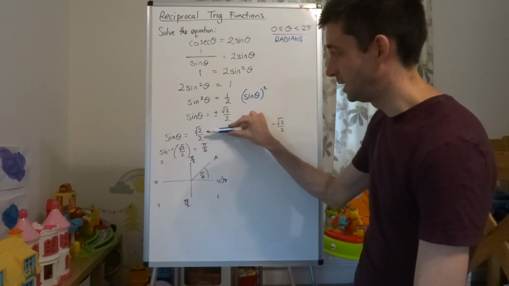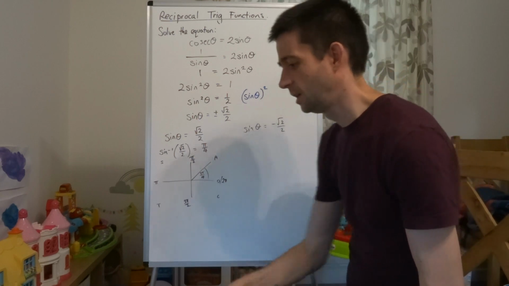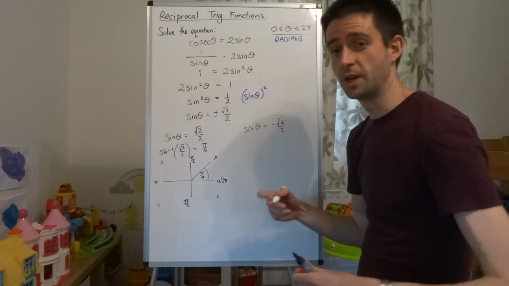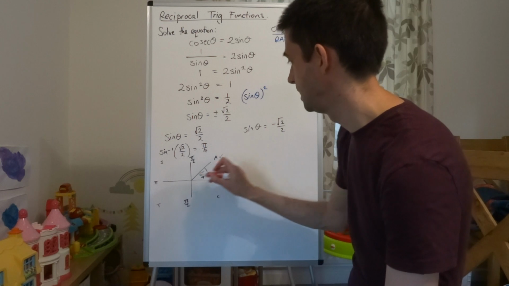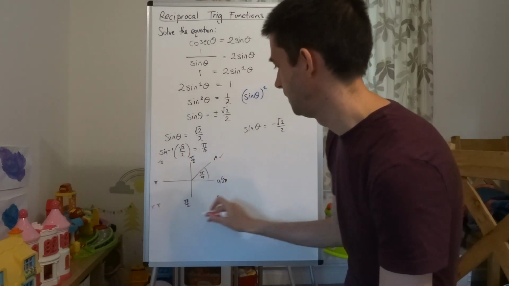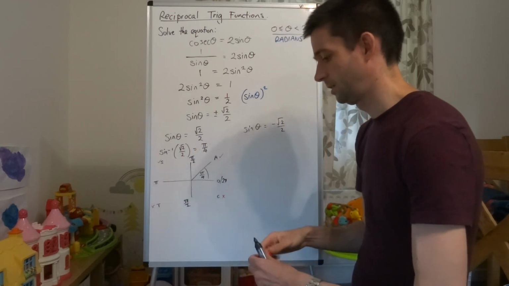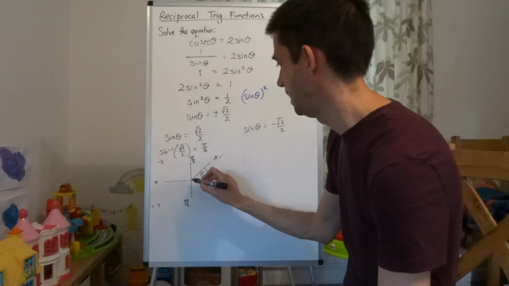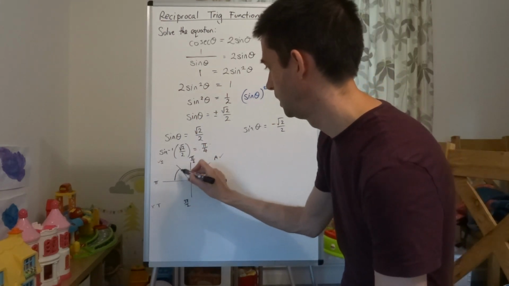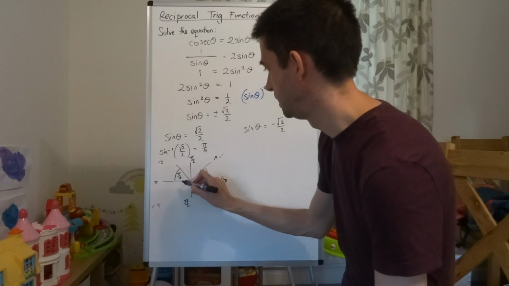Now, the value of sine theta is positive, which means I want the two quadrants where sine is positive, which is A and S, not T, not C. So my second line goes in here in the sine quadrant, and this angle with the horizontal is pi over 4.